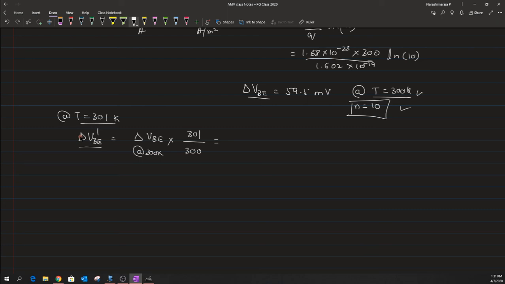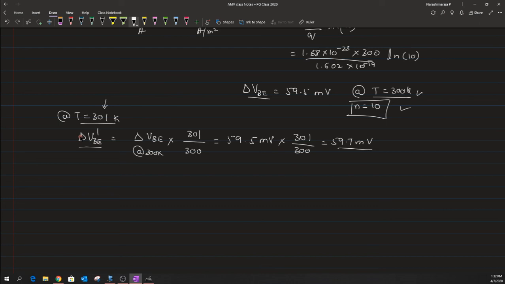The final result, after a simple calculation, is 59.7 millivolt. This is the new value of delta VBE when the temperature rises by 1 Kelvin.